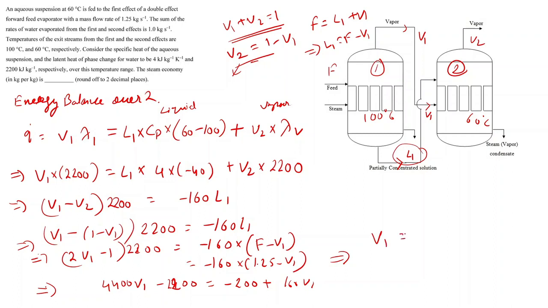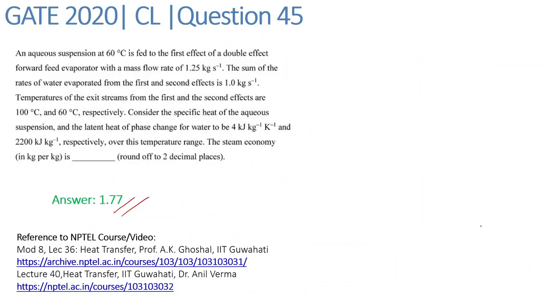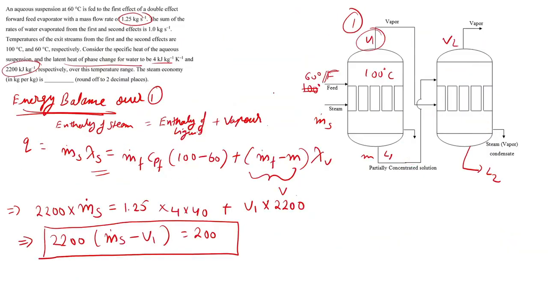So V1 will become 2000 upon 4240, and V1 will become 0.4716. Okay, so we have the value of V1 as 0.4716.